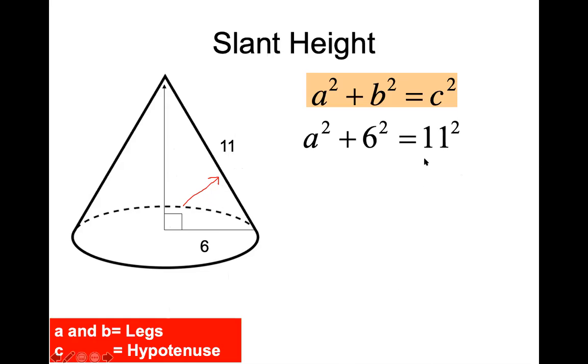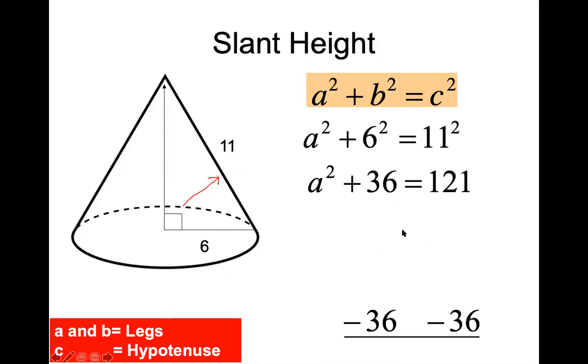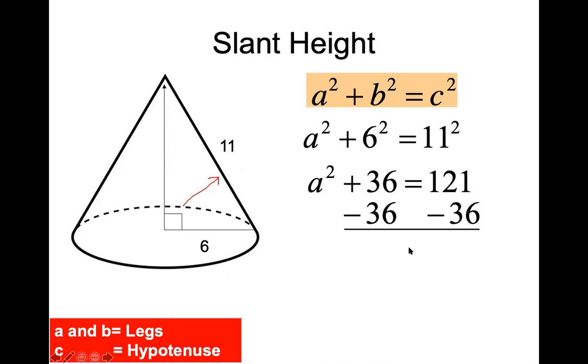Let's just do some math here. 6 squared is 36. 11 squared is 121. Now we use a little bit of algebra to get to the answer. Get rid of positive 36 by subtracting 36 from both sides. 121 minus 36 is 85. And now we take the square root.